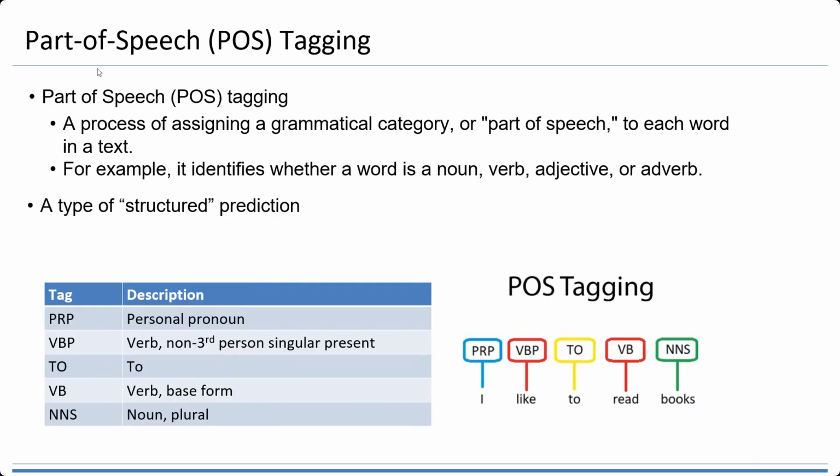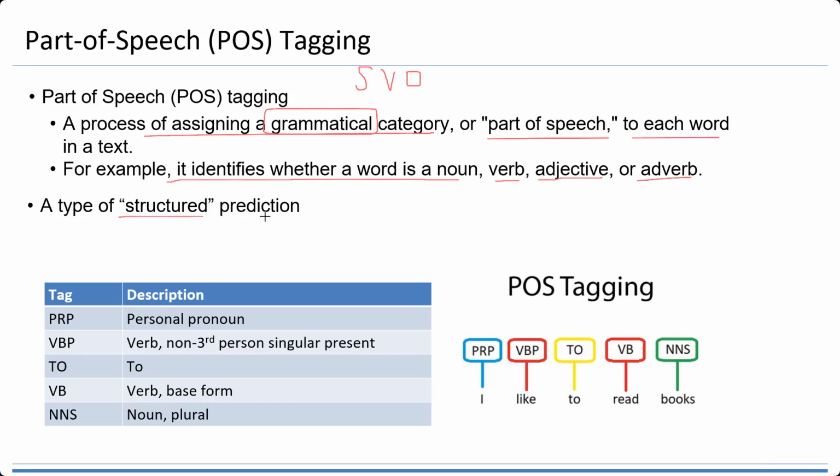When we are dealing with part of speech, it is a process of assigning a grammatical category. So as I mentioned to you, the subject, verb, object, and etc. So we call this a part of speech. This will be applied to each word. For example, it identifies whether a word is a noun, a verb, adjective, or adverb, and so on.